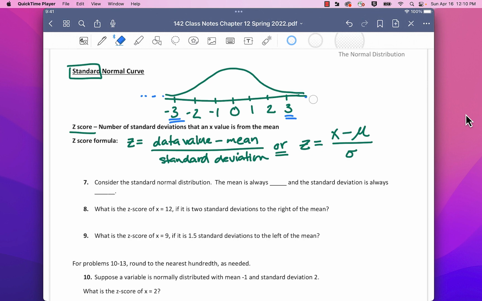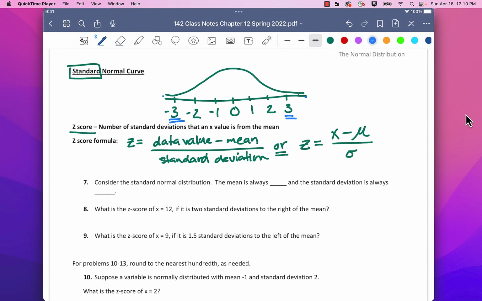So if you're computing a z-score and you get something greater than 3 or less than -3, it might be time to take a look at your computation, make sure that something didn't go awry, because those are going to be very, very unlikely. It's possible. If you get a 4 for a z-score, it doesn't mean you're absolutely wrong, but you might want to look at your data and think about how spread out that data is and if that score does actually make sense. Again, a z-score above +3 or below -3 is very, very rare.